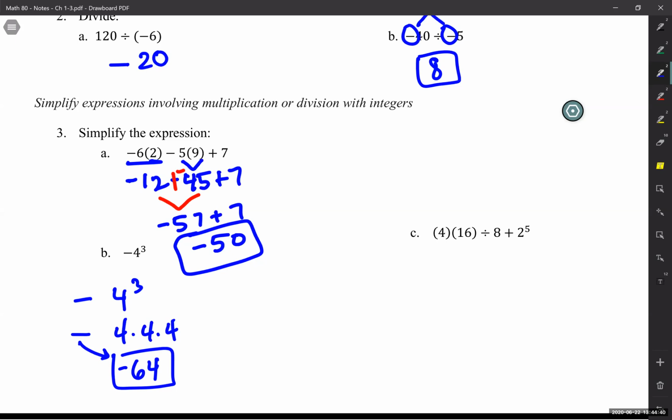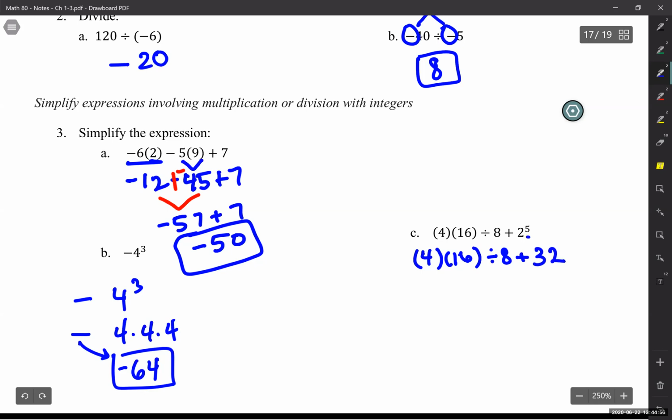Let's see. I have multiplication, I have division, I have addition, and I have exponents. So I'm going to leave this for a second and start with the exponents. 2 to the 5th power is 32. And now I'm going to do the multiplication first and the division second, because multiplication and division go in order from left to right.